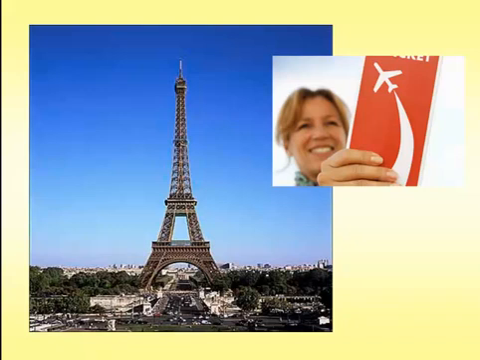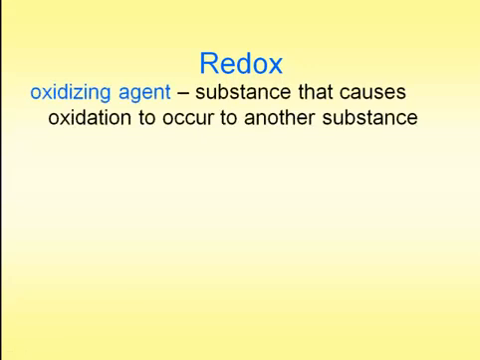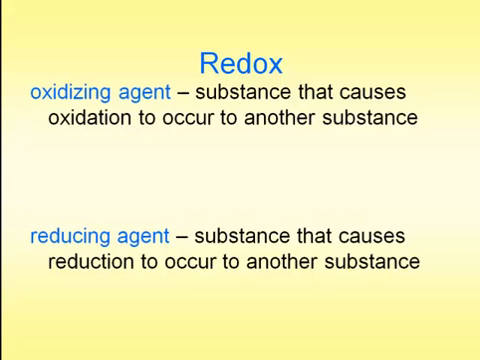The same idea works for the terms oxidizing agent and reducing agent. An oxidizing agent is a substance that causes oxidation to occur to something else in the reaction. And a reducing agent is a substance that causes reduction to occur to something else.